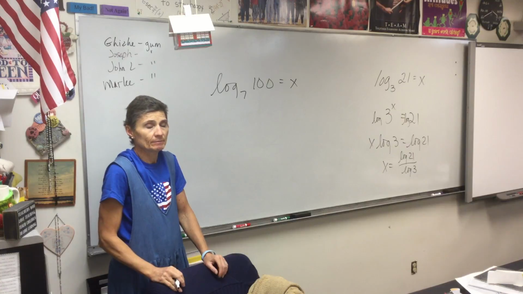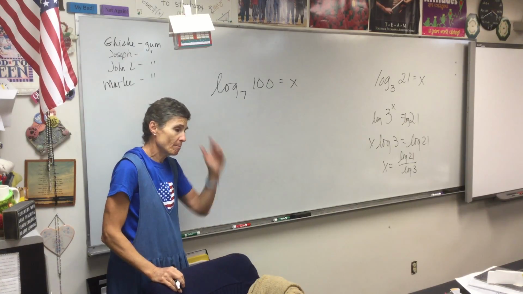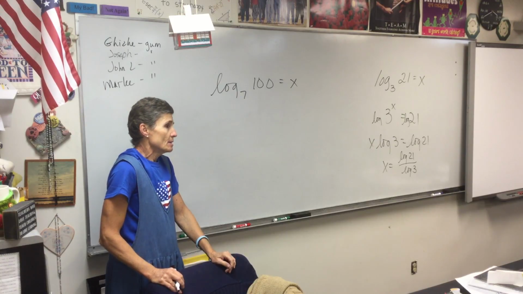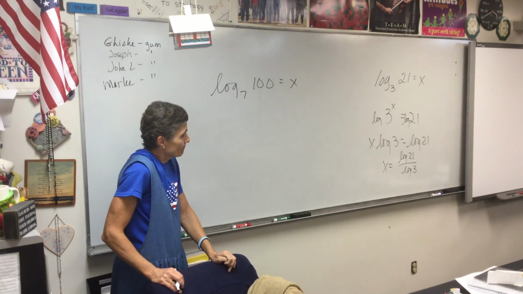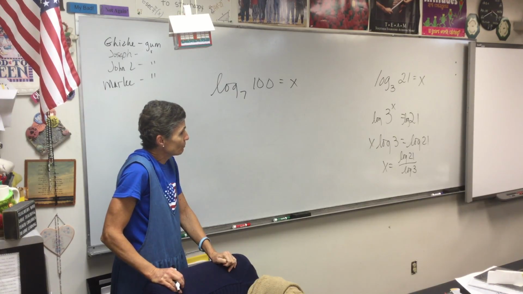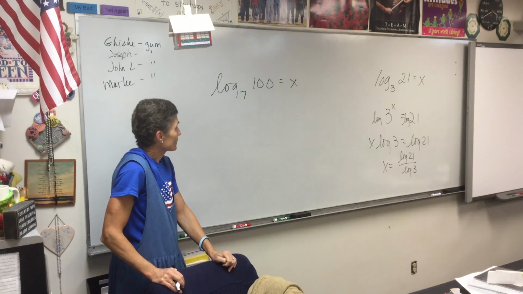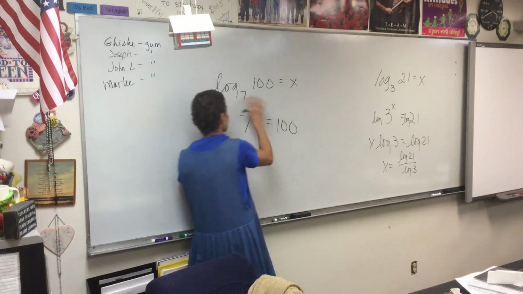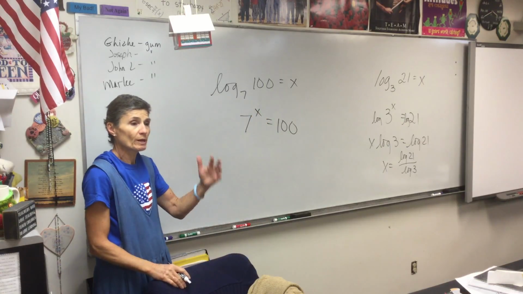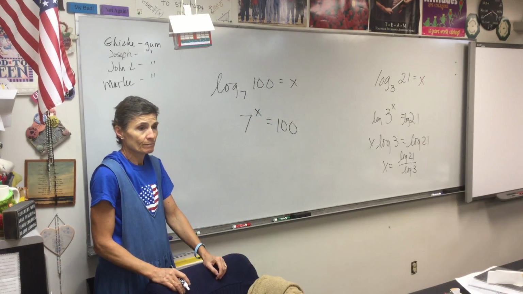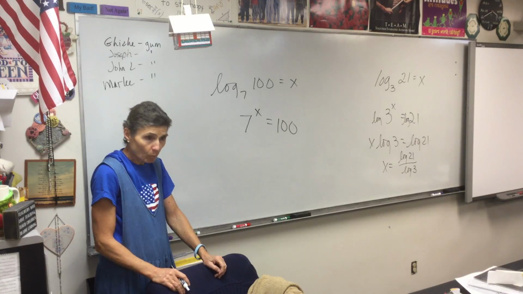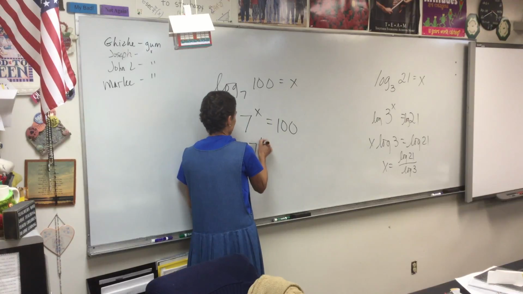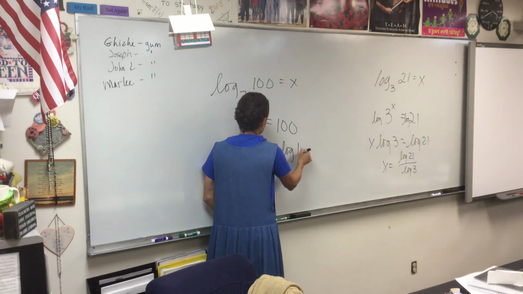Cannot do base 7. You paid $100 and some bucks for this dumb calculator, and it won't even do base 7. So you're going to have to change it. So what do we do first? We get rid of the base we don't want. We cannot handle base 7, so we get rid of base 7. Now what? Log both sides. Could I ln both sides if that's what I wanted to do? Absolutely.